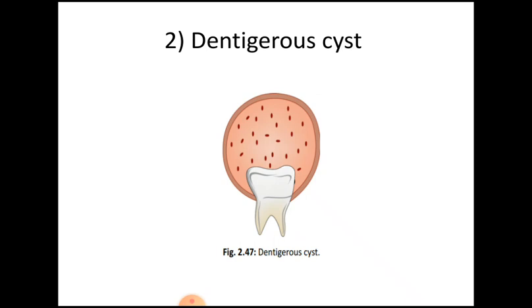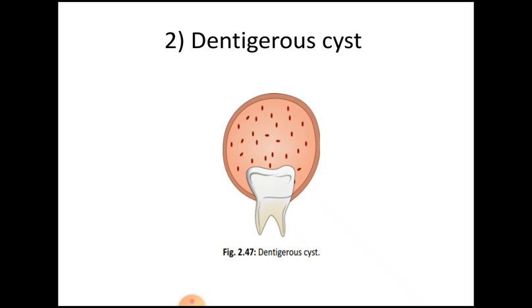It grows to outside, causing a thinning of the outer table of the jaw, and there are ridges in its wall, trabeculations. It's common in the children and the adolescents, unlike the dental cyst.